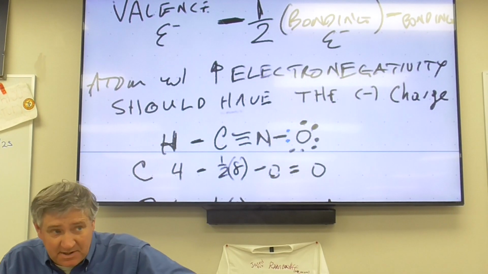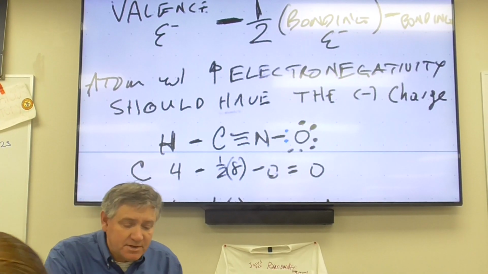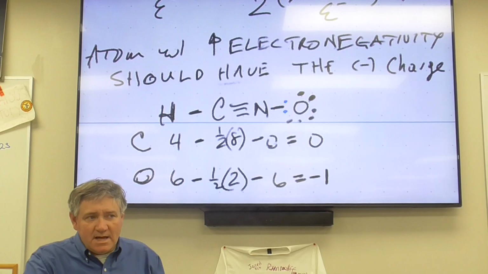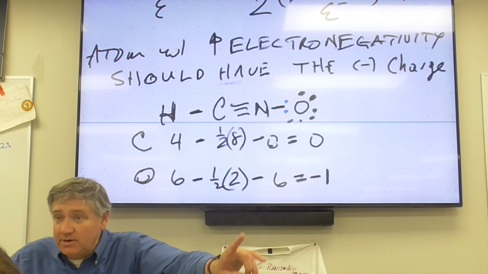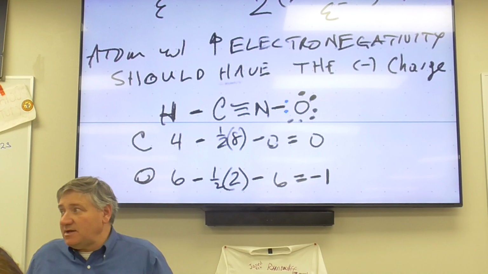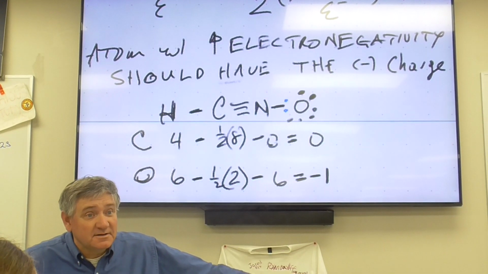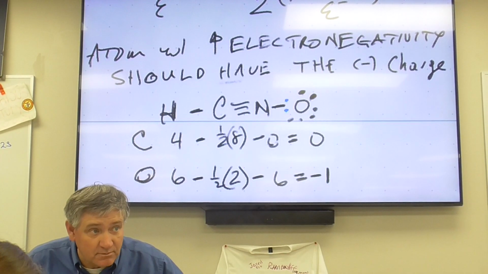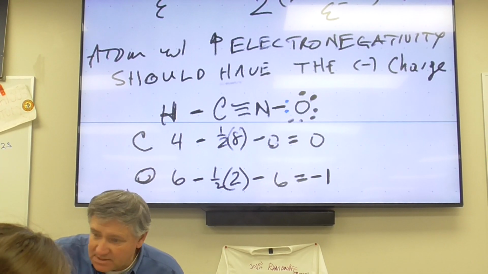This is why I had to talk about electronegativity before I talk about formal charge. So if you're comparing carbon and oxygen, which one has the higher electronegativity? Oxygen does. Why? Because it's farther right, so it has 6 game pieces. Carbon only has 4, right? So oxygen has the higher electronegativity.